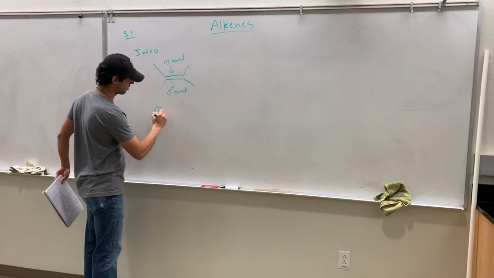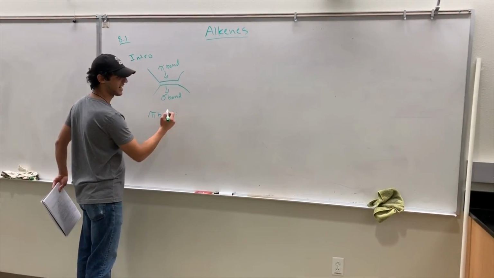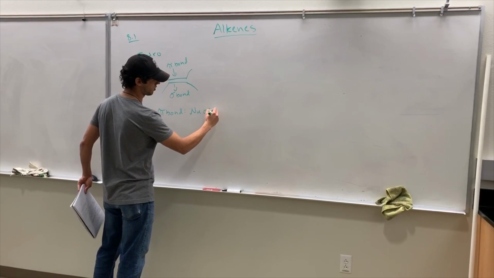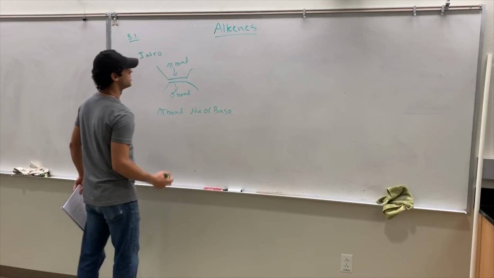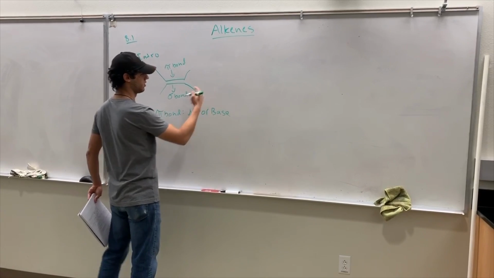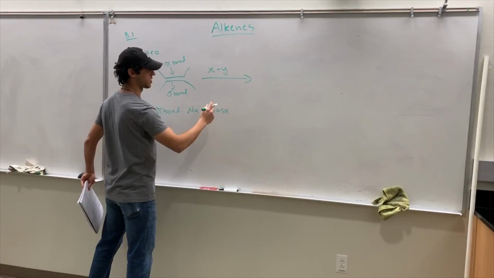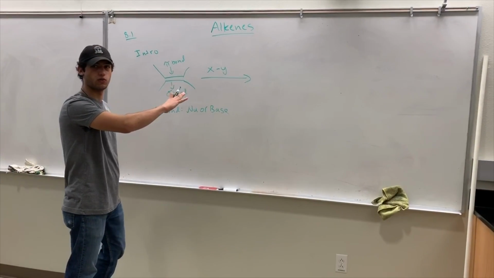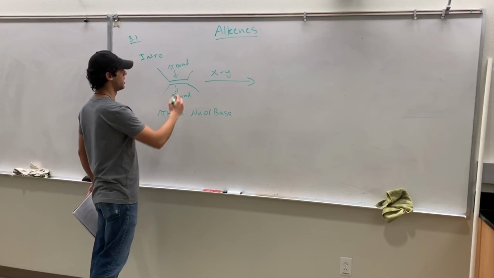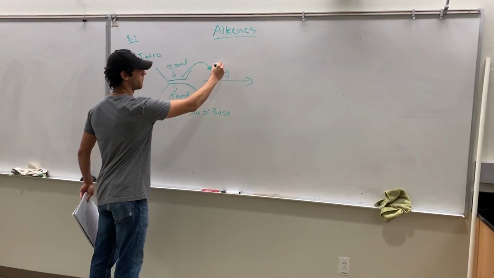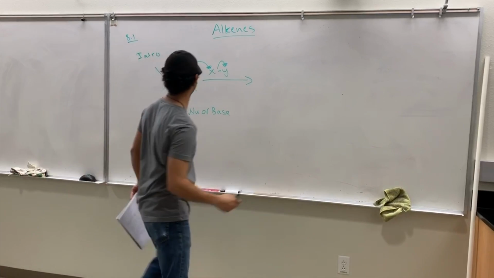That pi bond could act as a nucleophile or base. So if I mix this alkene with an XY reaction, there's nothing labeled for XY, it's just an example, the pi bond would do the attack. This is the mechanism.